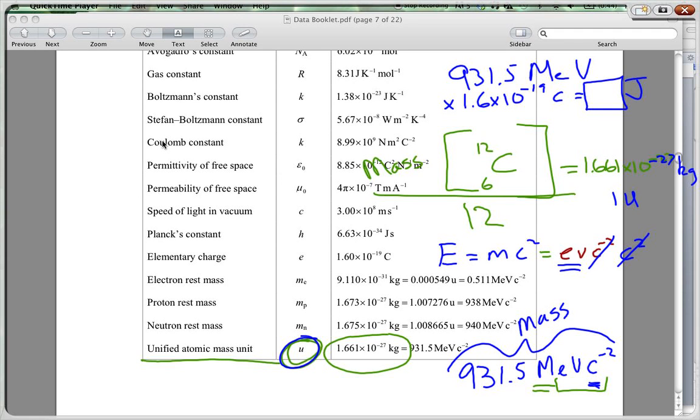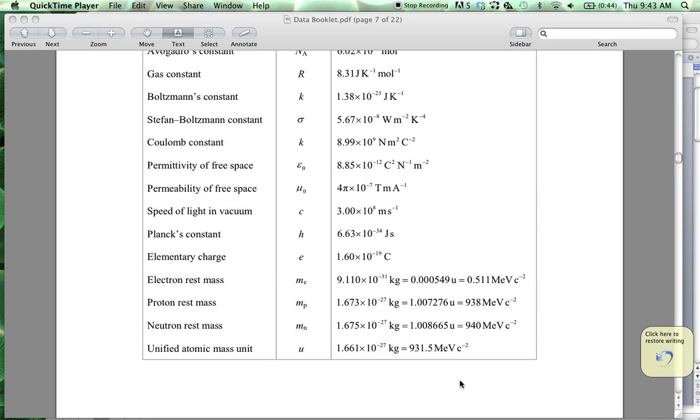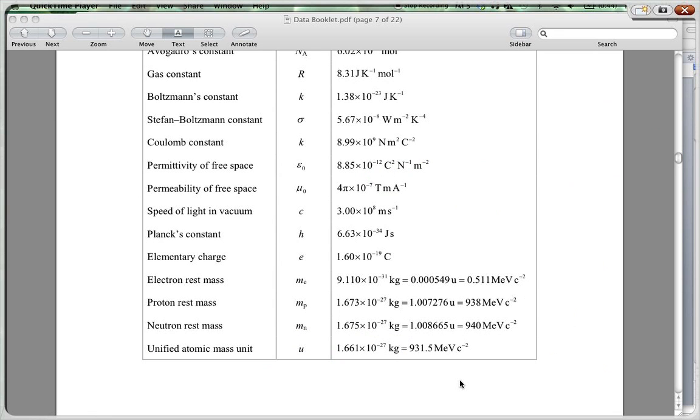Now, as I said before, what's really important is the mass of a proton and the mass of a neutron. The carbon 12 isotope, the nucleus that we're dealing with, carbon 6,12, obviously has 6 protons and 6 neutrons.